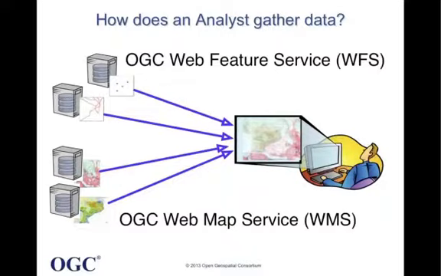If you are not very familiar with OGC Web Services, there are two main services that we're going to discuss in this thread. The first one is the OGC Web Feature Service, WFS, that provides access to vector data, right? Points, polylines, polygons, etc. And the OGC Web Map Service that allows a client to get access to images.